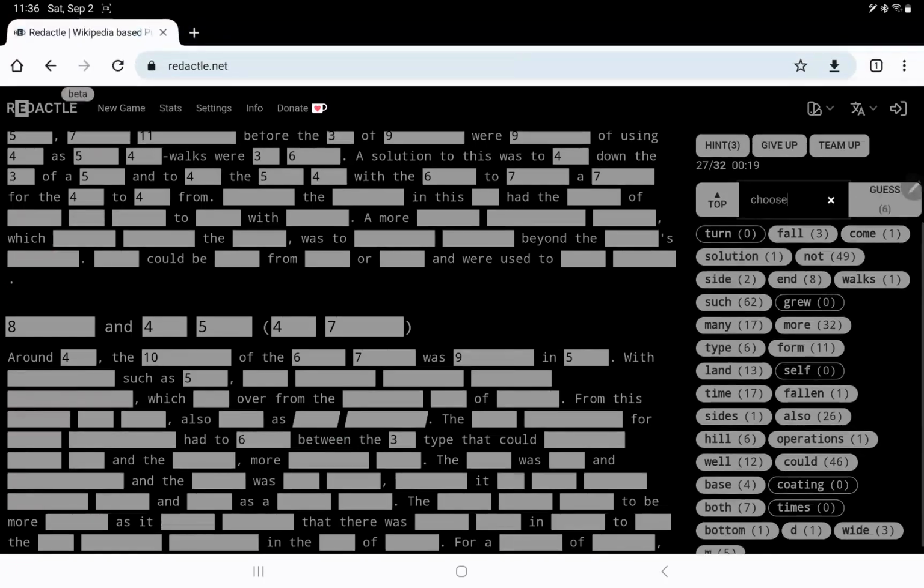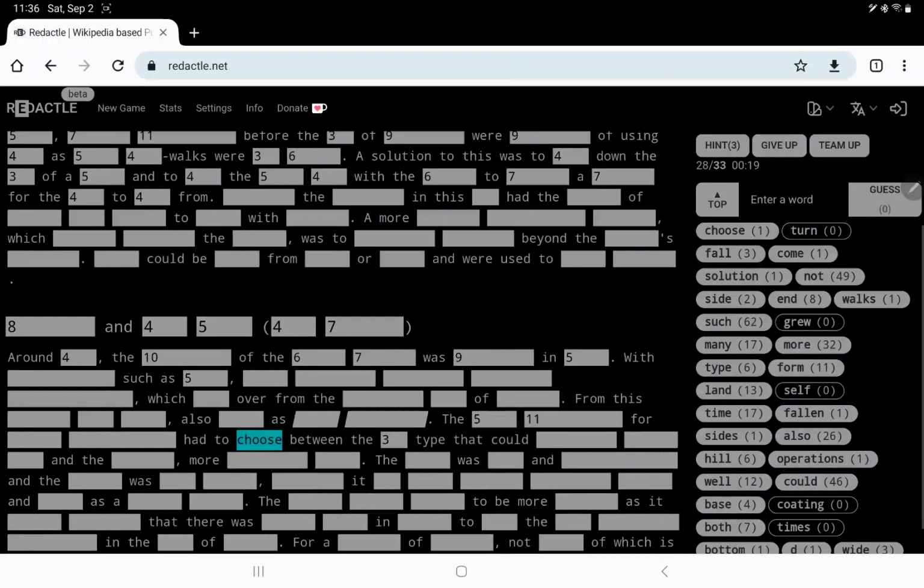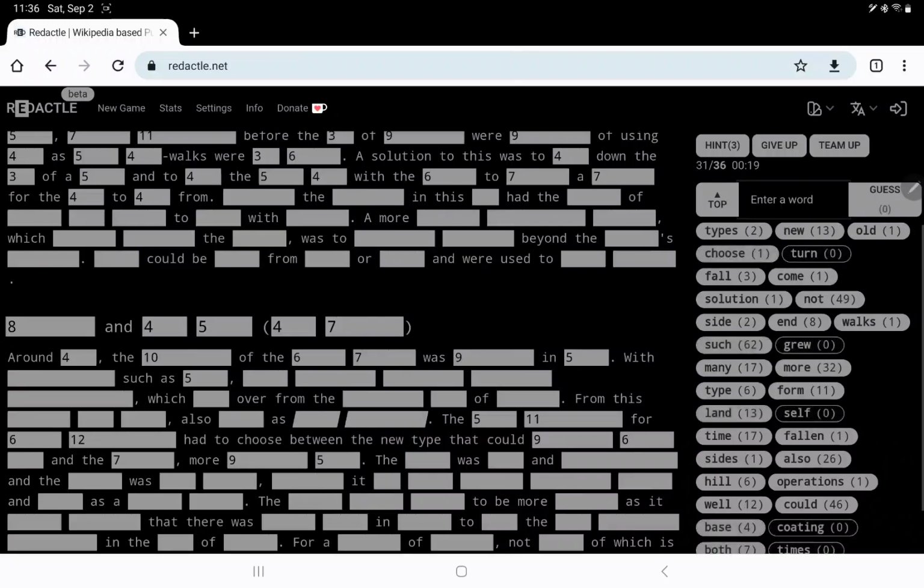Had to choose. The 5, 11, 4, 6, 12 had to choose between the old type, the new type, and the, I suppose, the older, the ancient, more something types, perhaps?